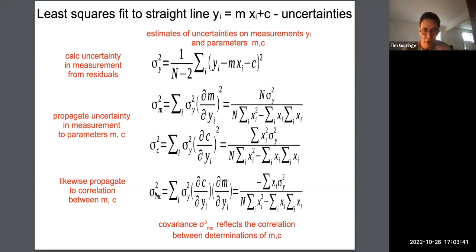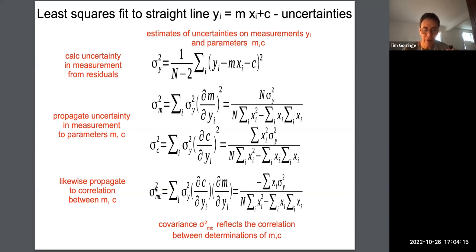There's one last thing I'll comment on. This here, sigma subscript mc squared, is what we call the covariance between m and c, between the slope and the offset. This measures the correlation between the parameters m and c.